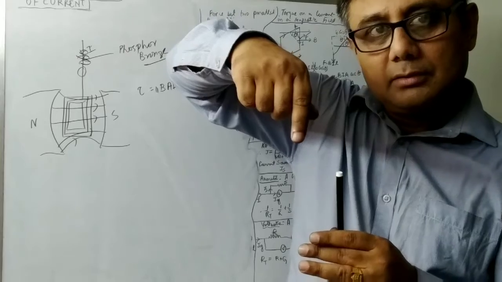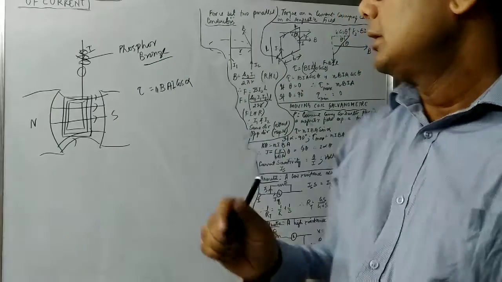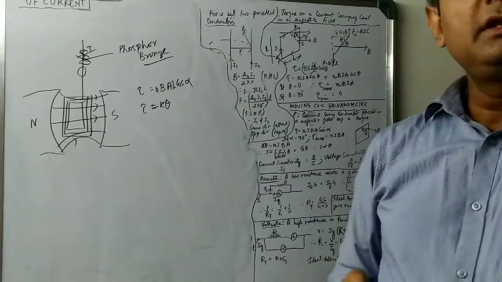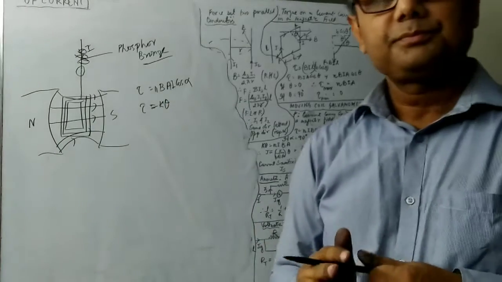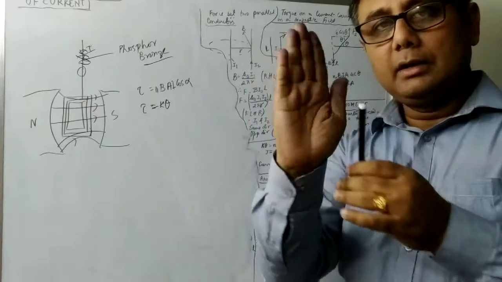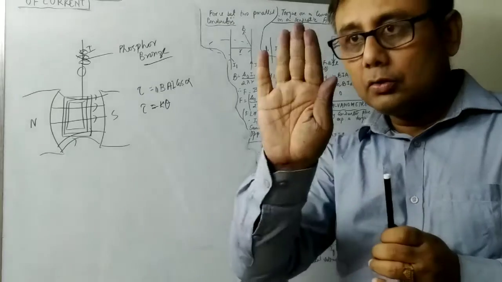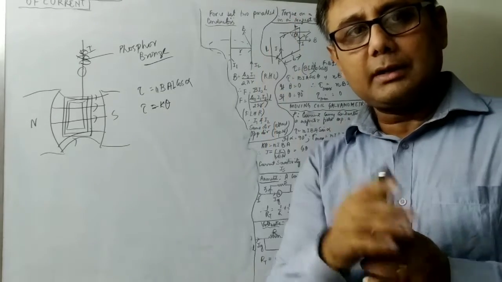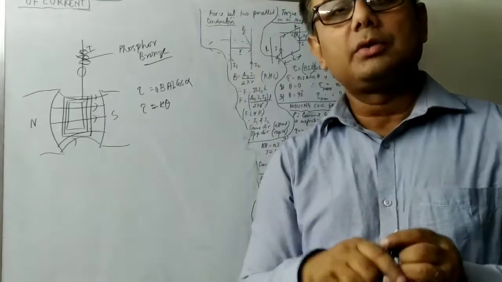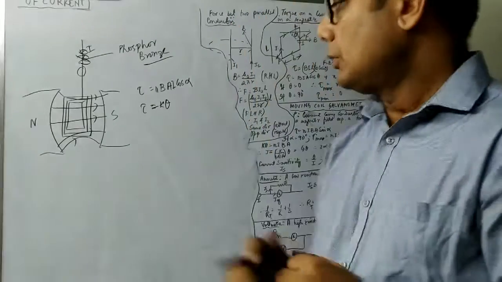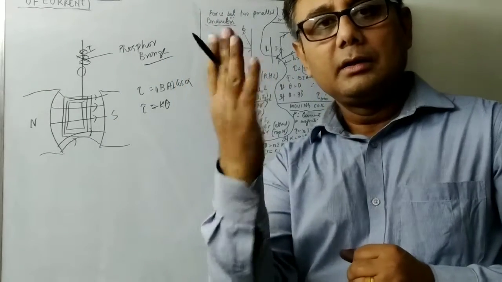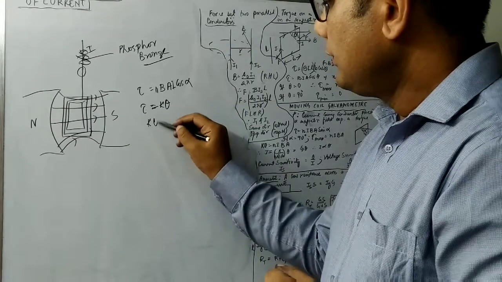This twist will create a torque in the opposite direction, K theta, where theta is the angle by which the coil rotates. So this twisting torque will balance the movement of the rectangular coil, and they will become equal.